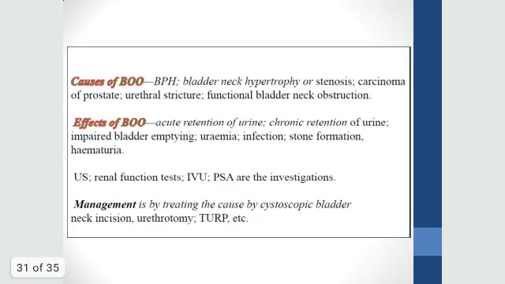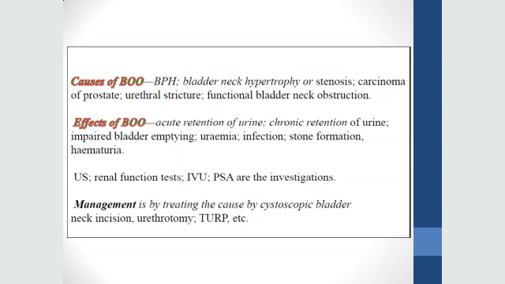The causes, we have multiple causes. We have BPH, benign prostatic hyperplasia, bladder neck hypertrophy or stenosis, carcinoma prostate, urethral stricture, functional bladder neck obstruction. What does it cause? It causes acute retention of urine. Over time, it turns into chronic retention of urine, impaired bladder emptying, uremia, infection, calculus formation, hematuria.